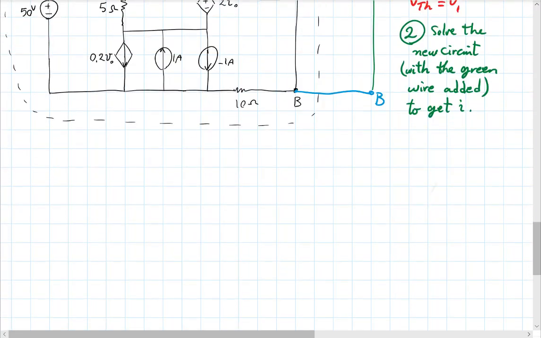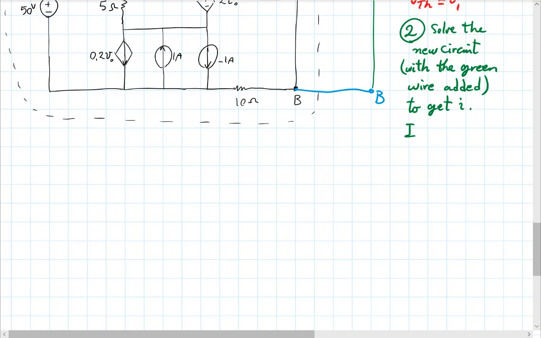And your short circuit current is simply that I. And then finally, our Thevenin resistance is V Thevenin divided by that short circuit current.